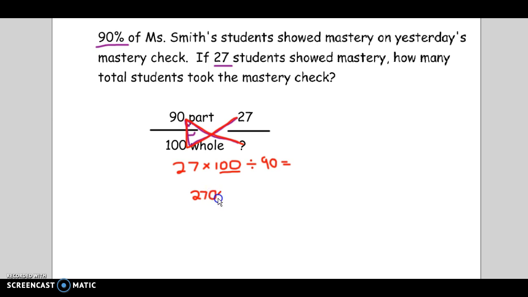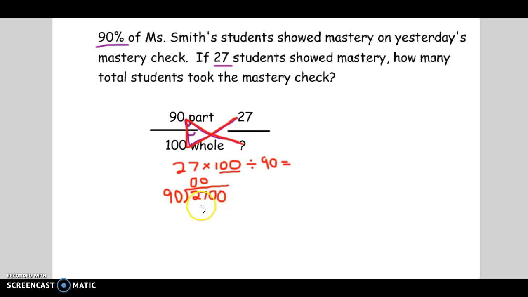Now all I have to do to get my answer is divide by 90. So let's put that over here. And if I have 90 on the outside and 2,700 on the inside, I know that 90 cannot go into 2. I know it cannot go into 27, sorry, but it can go into 270.